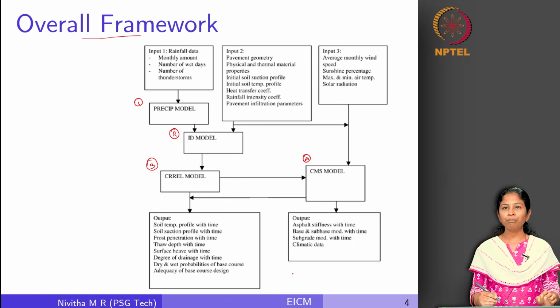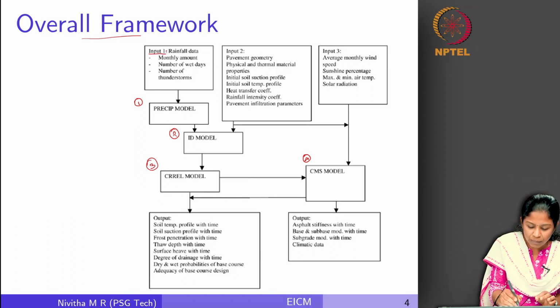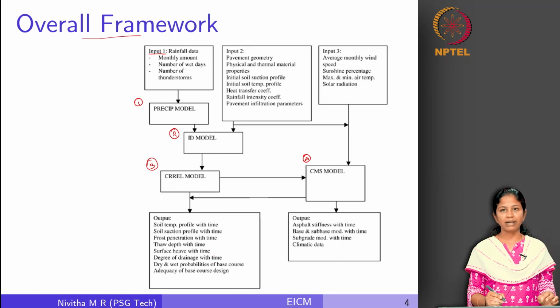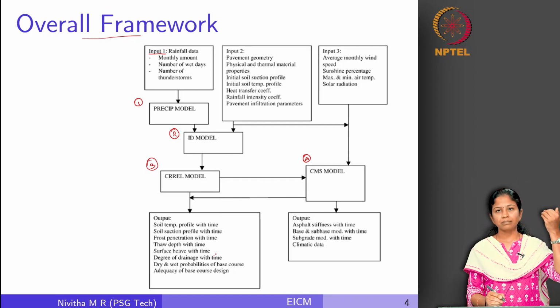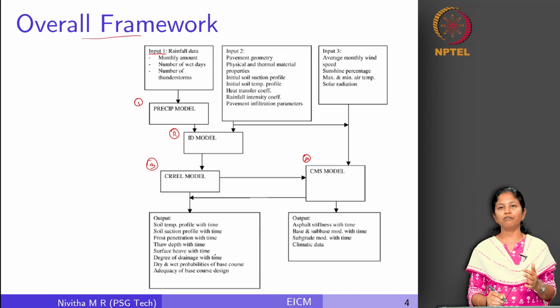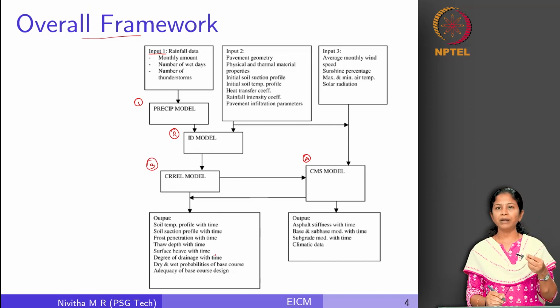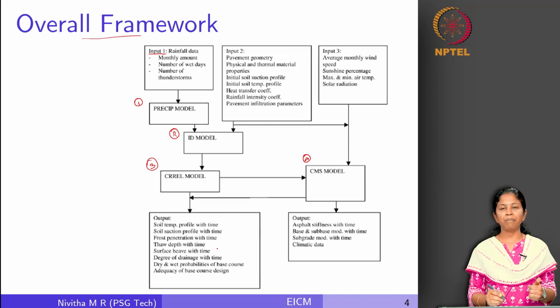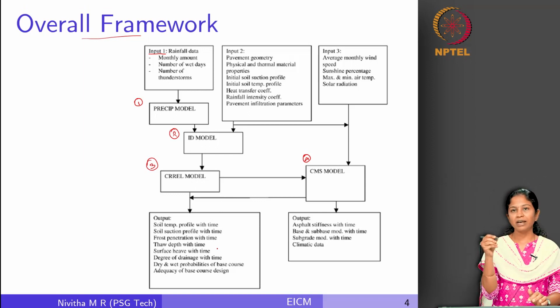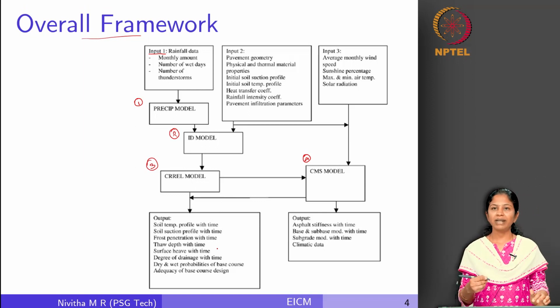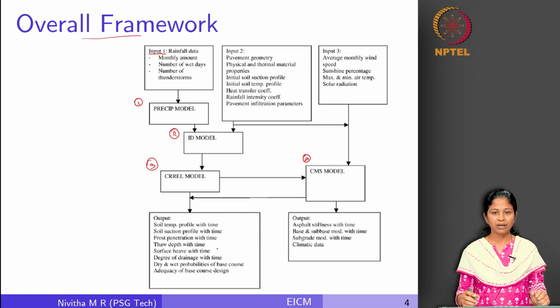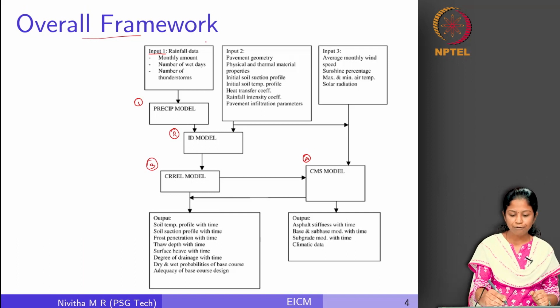Now what are the input parameters that we have to give this model, and what are the output parameters that we will be getting, in a nutshell? The first input that we will be giving here is the rainfall data. We said that once we have a certain degree of precipitation, water is going to infiltrate. Infiltration will happen on the irregularities present in the surface, or it can happen as a lateral seepage, right? So we are going to collect rainfall data.